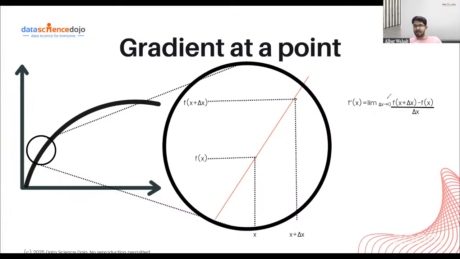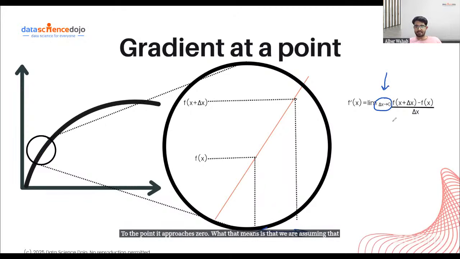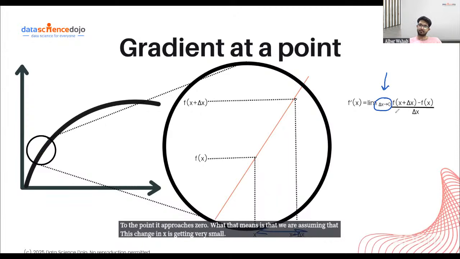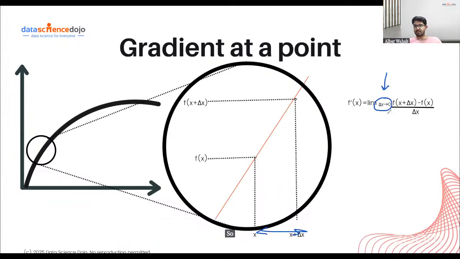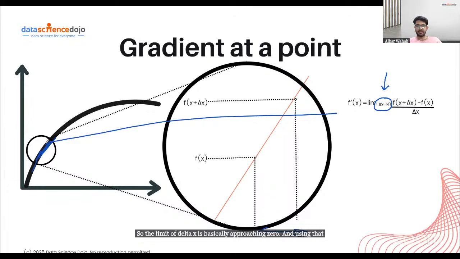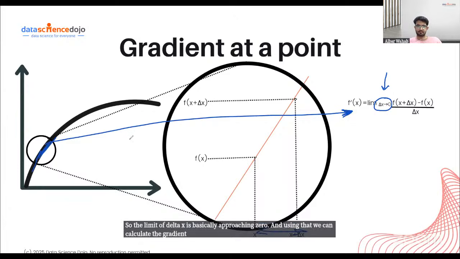What that means is that we are assuming that this change in x is getting very small. So the limit of delta x is basically approaching 0. And using that, we can calculate the gradient of the line at this point.